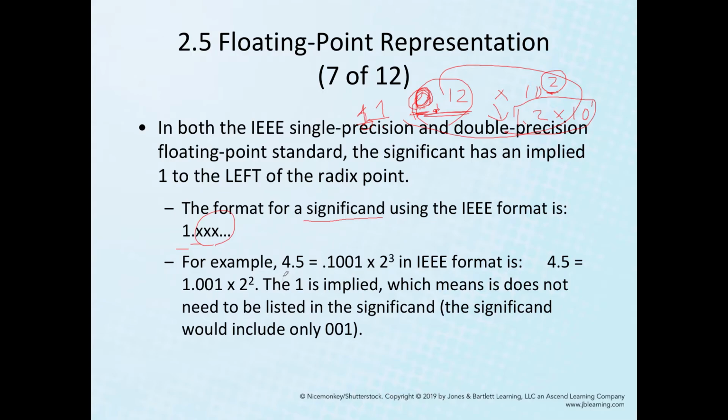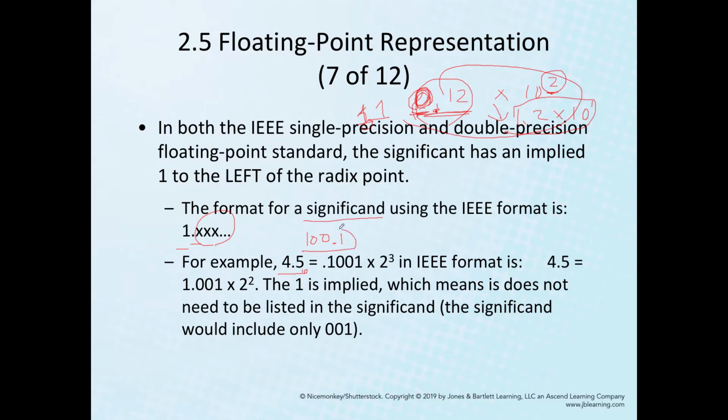So for example, if you want to represent 4.5 as a decimal value in IEEE format, first we need to convert it to a binary value. 4 is 100 in binary, and 0.5 is 0.1, because the first position is 2 to the negative 1, which is half.